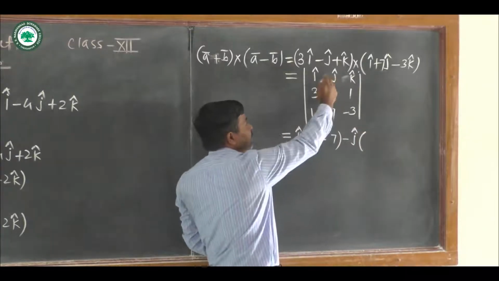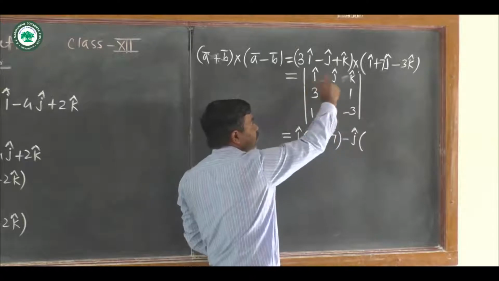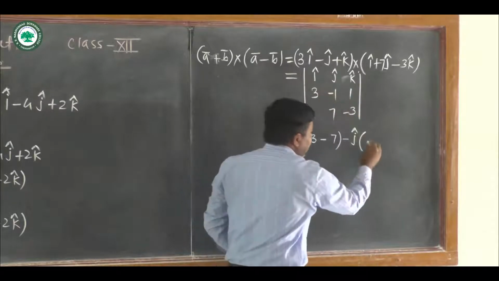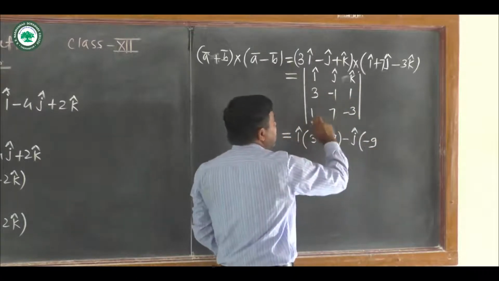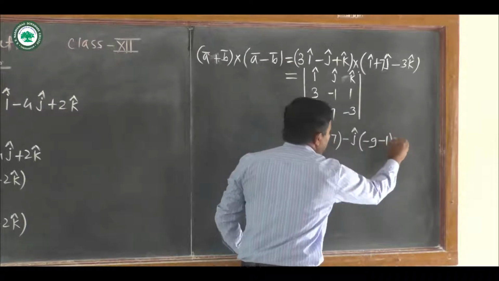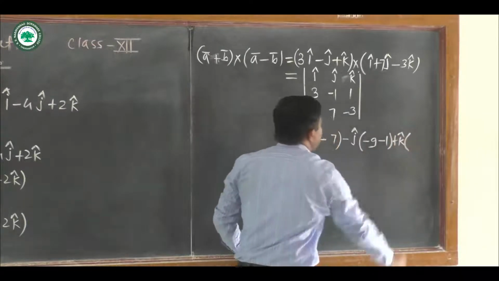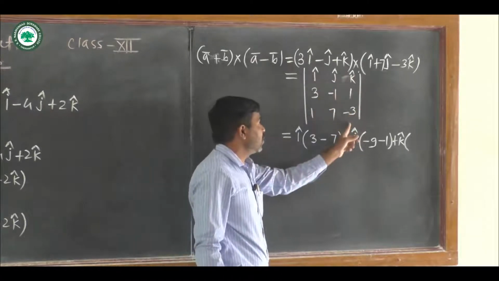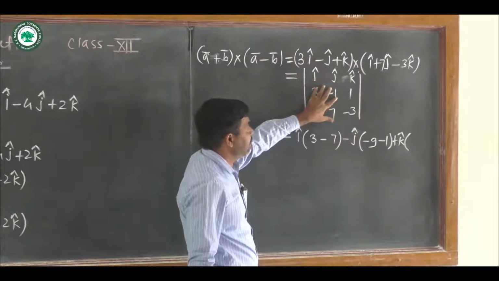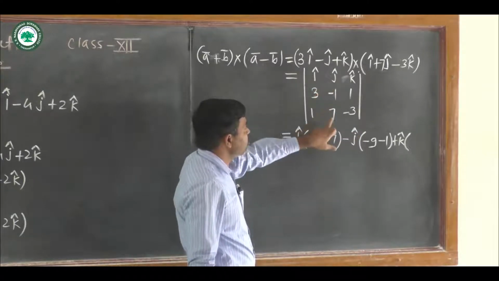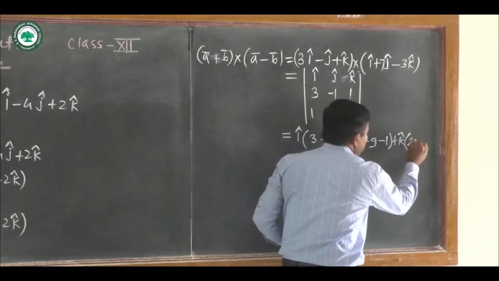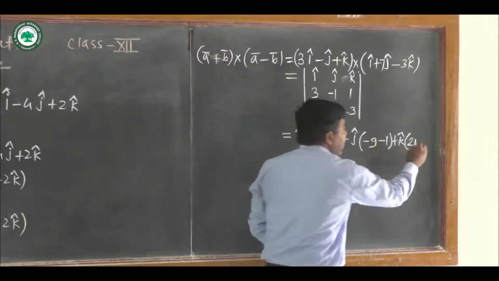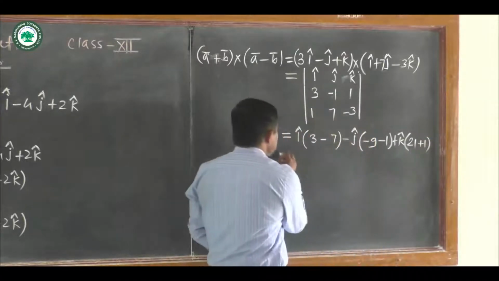Now j cap lies in first row and second column, so leave the first row and second column and take the determinant of these 4 elements, that is 3 into minus 3, minus 9, minus 1 into 1, that is 1. Plus k cap in bracket. Now this k cap lies in first row and third column, so leave the first row and third column and take the determinant of these 4 elements, that is 3 into 7, 21, minus 1 into minus 1, minus of minus 1 becomes plus 1.